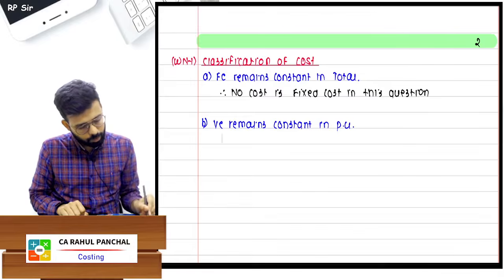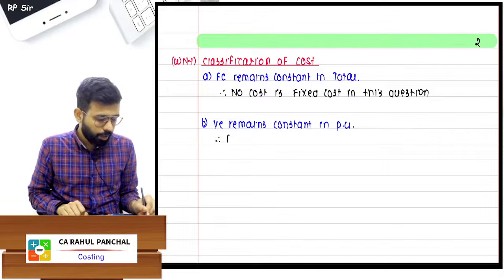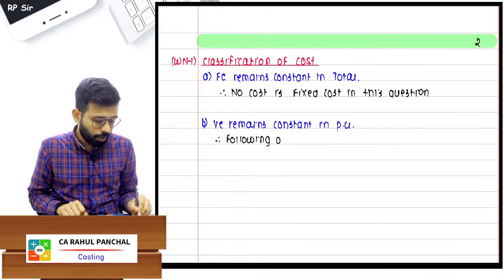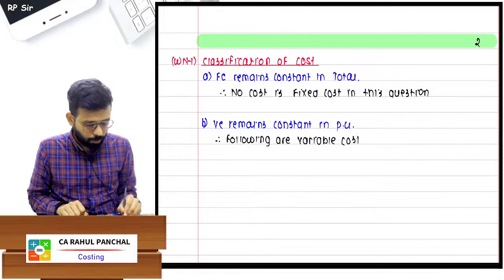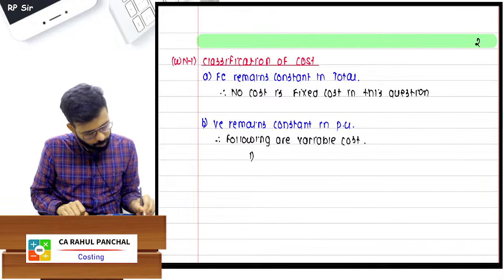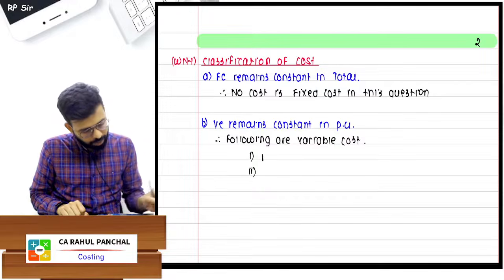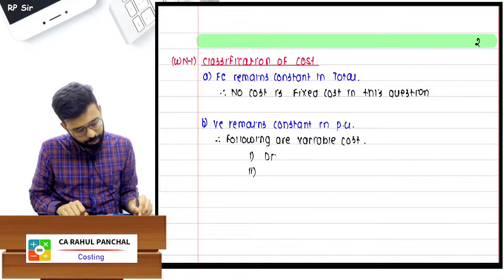Therefore, the following are variable cost: Direct material and direct wages.